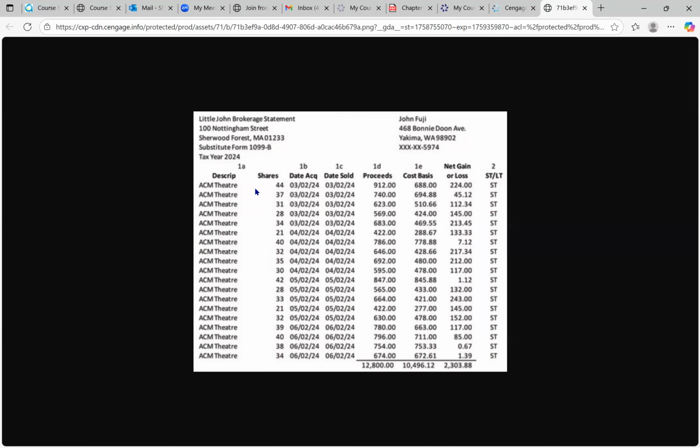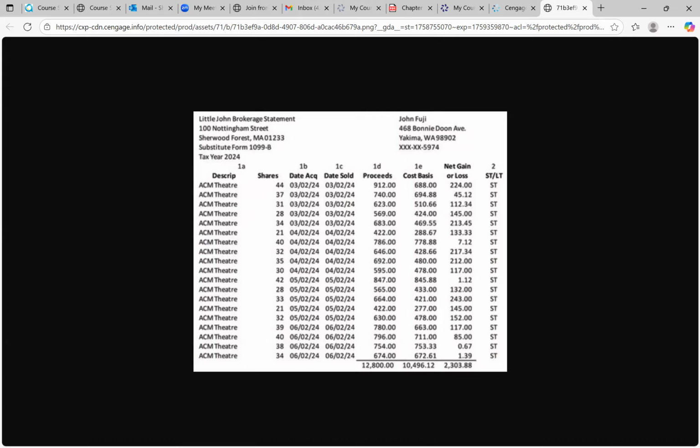So basically, these are all going to be short term because they all happened under a year. And so we can show this AMC Theater. The sales price is going to be $12,800 and the cost basis is $10,496.